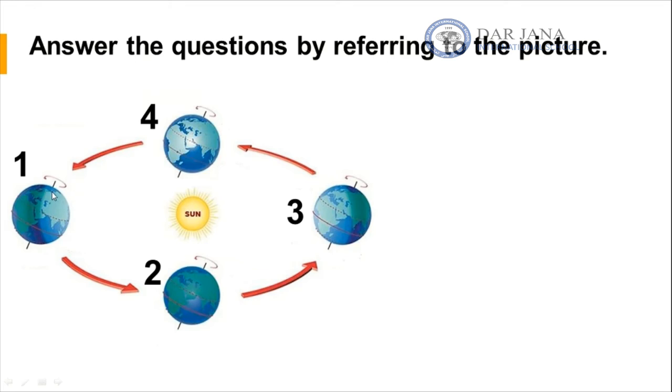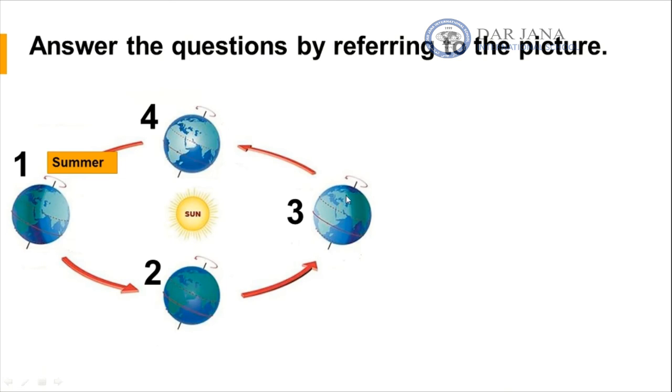So here when the North Pole is tilted toward the sun, this means that all of the sun's heat can reach this place, and this makes the weather very hot. And during which season do we have hot weather? It is summer season. So over here in position number 1, the North Pole or the upper half is having summer.